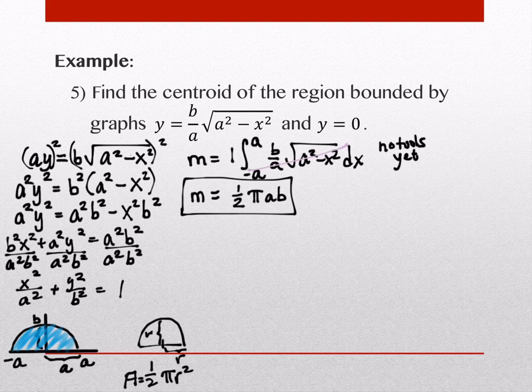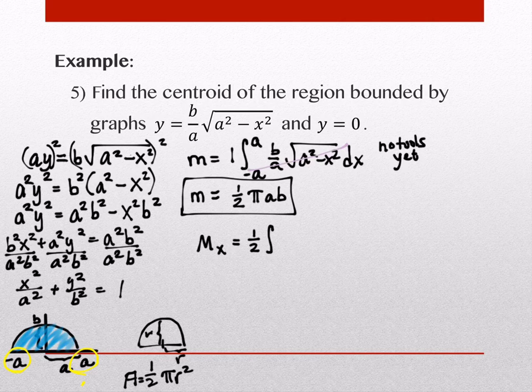So we're ready to actually take a look at finding capital M sub x. That's the moment. And the formula that we had for doing that was rho over 2, and our rho is 1, so here's the 1 over 2, times the integral from a to b. Well, the integral from a to b means the integral along the x-axis, and so our a and b, if you will, are actually negative a and a.